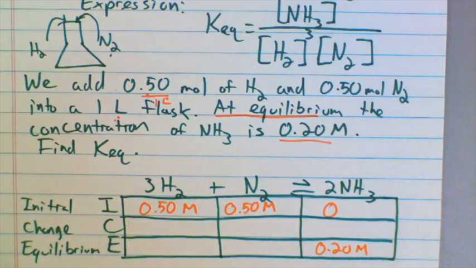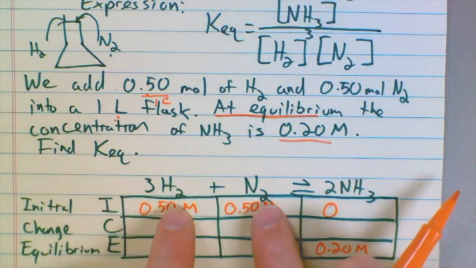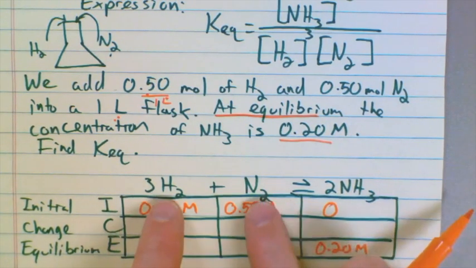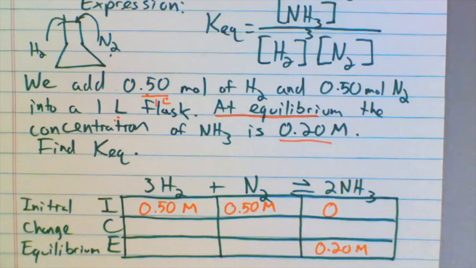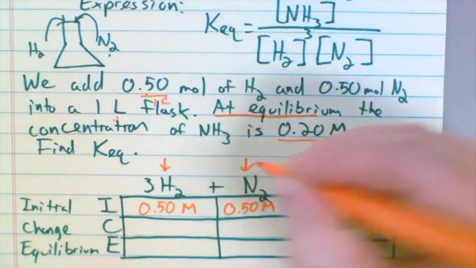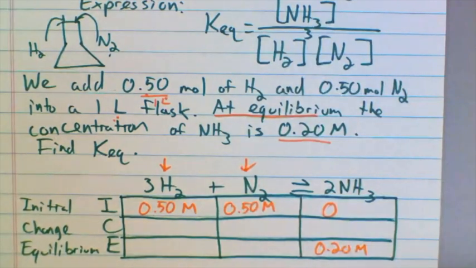The next thing I like to do is put some arrows in. I put in those arrows that we did in Le Chatelier's, because we're essentially affecting equilibrium at the start of this reaction. So when we go from initially to equilibrium, what's going to happen to the concentration of hydrogen and nitrogen? It's going to go down. It's going to be lower than it is initially. And what happens to the ammonia concentration?